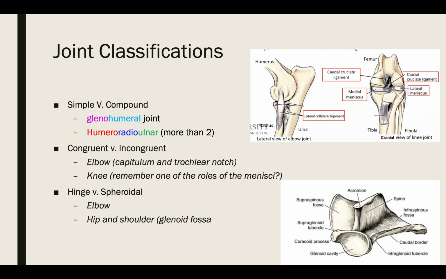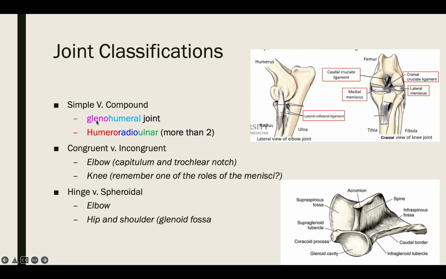Joint classifications. So this is another pretty simple topic, but something you still need to know. So classification of joints, you have simple and compound. So your glenohumeral joint, oh, I have this picture down here. I don't have the whole thing, but again, this is going to be that glenoid cavity, which is where your humerus is going to fit in.